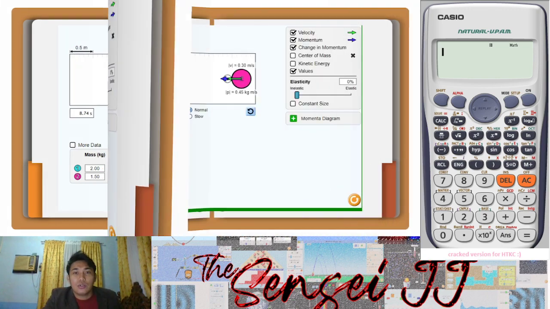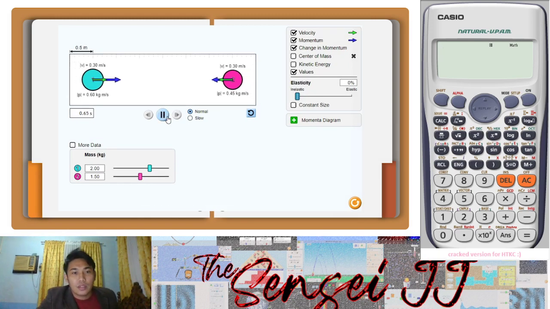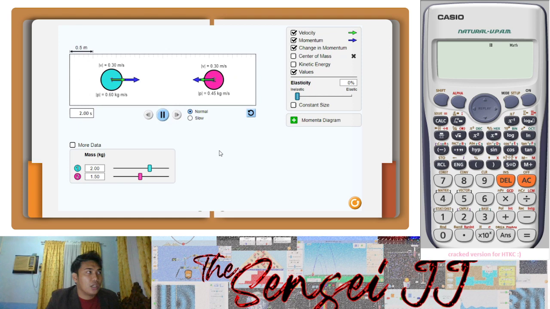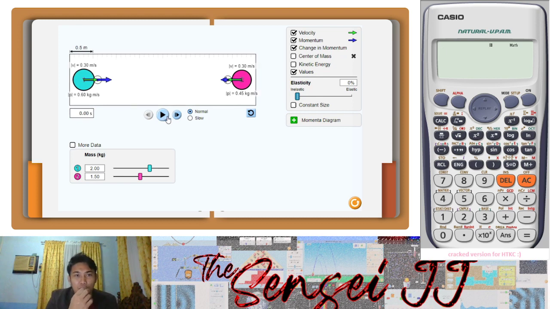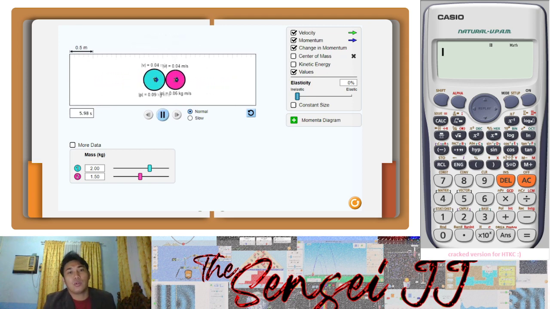Okay, so next, sir, is this one. The question here is that one is greater in mass, even though they have the same speed. What will happen? If they have the same speed, but the other one has a bigger mass, what will happen? So this one will happen. They will both be carried in the same direction.